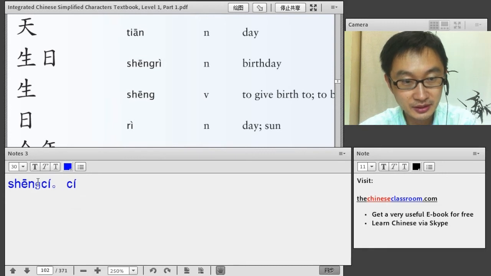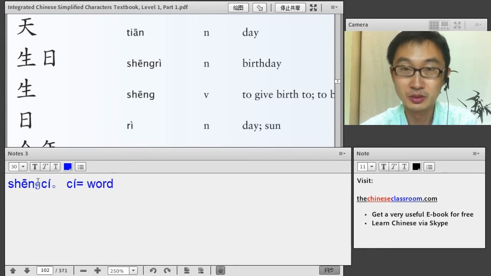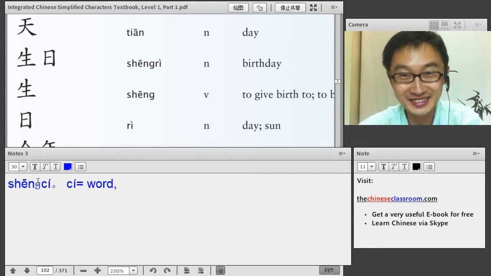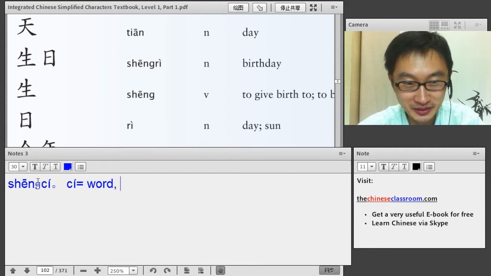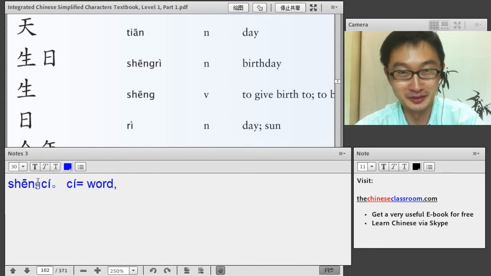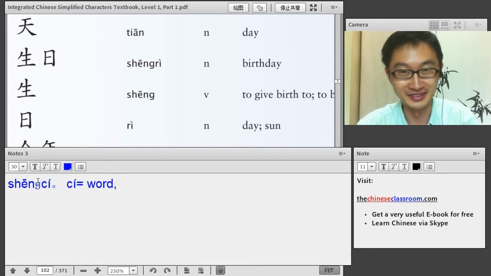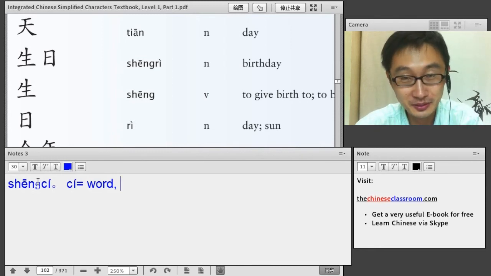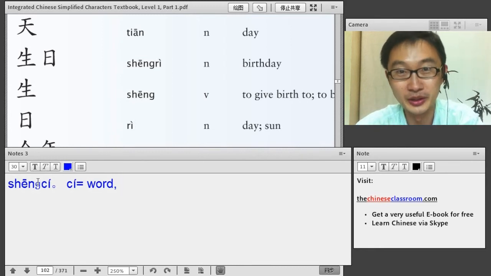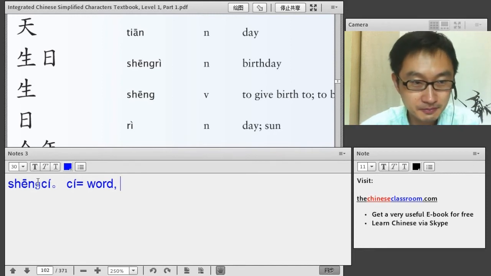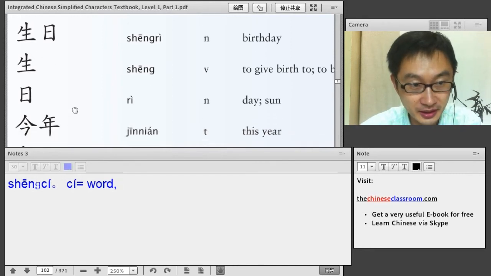I can tell you, 词 means word. But 生, you know, 生 is born. And for you, of course, these words are new words. It's just like newborn, you know. So we call it born word. 生词 means vocabulary.